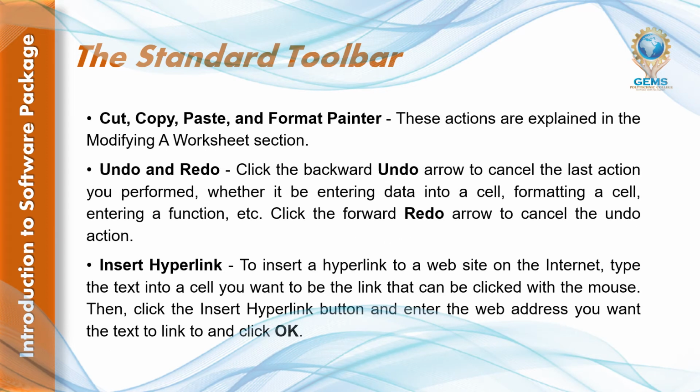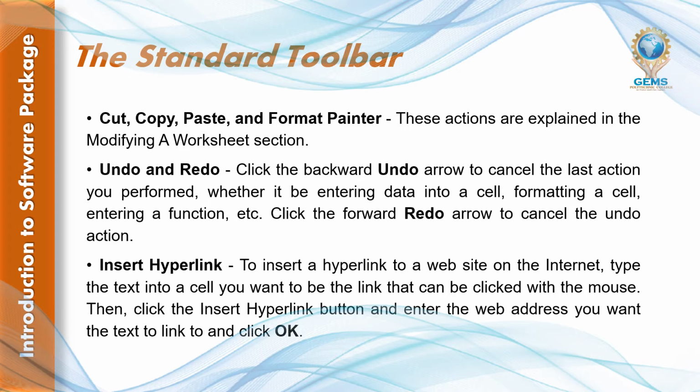Cut, copy, paste, and format painter are all used for modifying a worksheet section. Already we have seen in Microsoft Office Word what cut, copy, paste, and format painter are. Now you can see undo and redo.